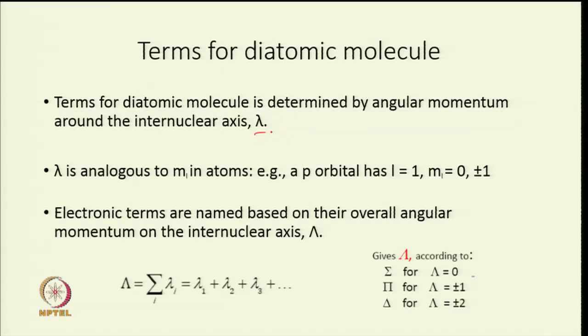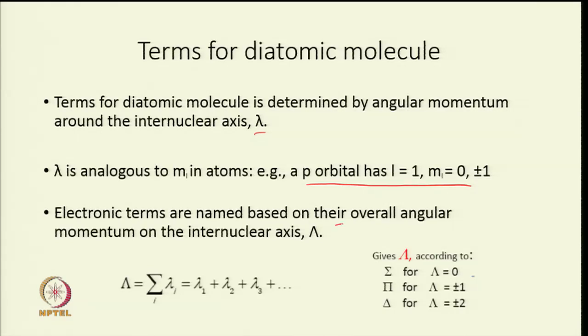Lambda is analogous to ml in atoms. For example, a p orbital has L equal to 1, ml equal to 0, plus minus 1.